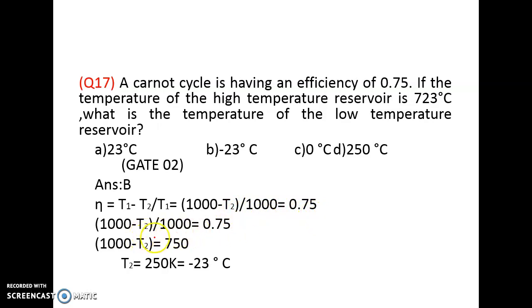So 1000 minus T2 equals 750. So T2 equals 1000 minus 750, which is 250 Kelvin. But the answer is in degrees Celsius. In degrees Celsius it is minus 23 degrees Celsius. So option B is correct.